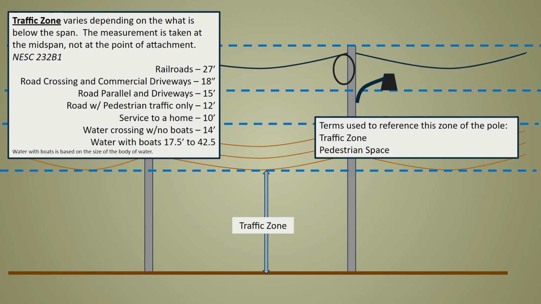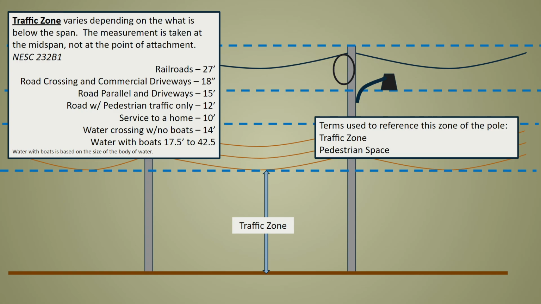driveways, or if you're on a DOT owned road, you're going to be at 18 feet because what they're allowing for is tractor trailer, 18-wheeler traffic. If the pole line is parallel to a road, or it just has driveways, any kind of driveway, those can be at 15.